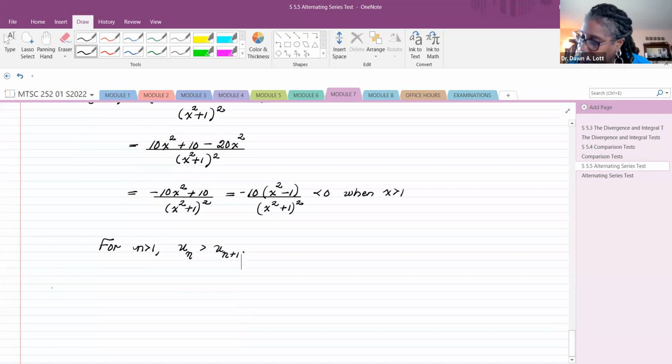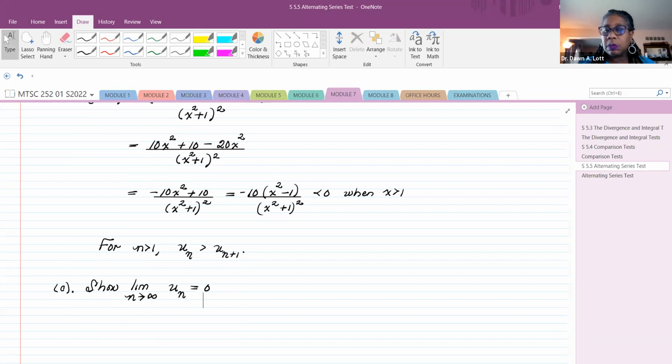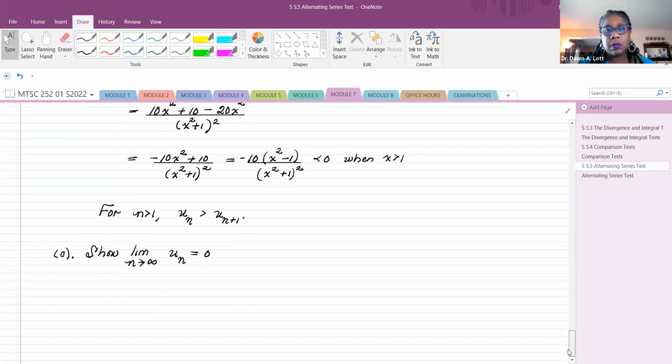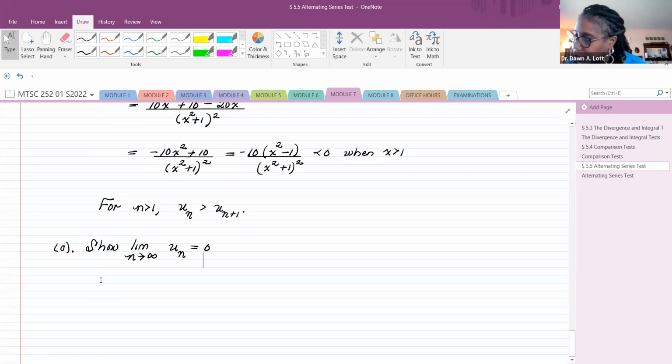And then part C, we need to show the limit as n approaches infinity of u_n is equal to 0. Somebody talk me through that, please. I want somebody else to be the teacher for a moment.